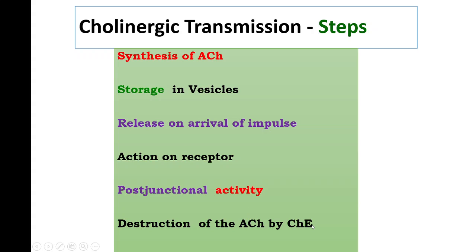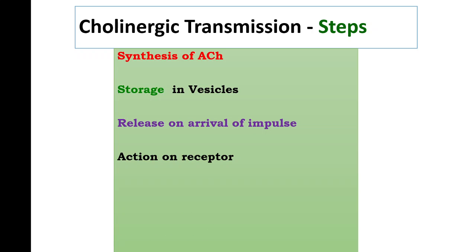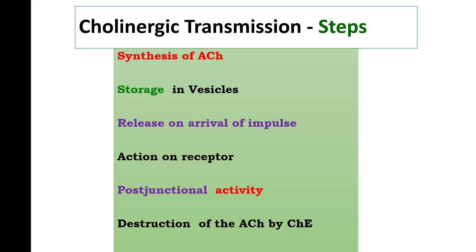So the basic steps are similar. First we have to synthesize acetylcholine. There is storage of acetylcholine, release of acetylcholine, action on some receptor, some post-junctional activity, and ultimately destruction of acetylcholine by choline esterase enzyme.